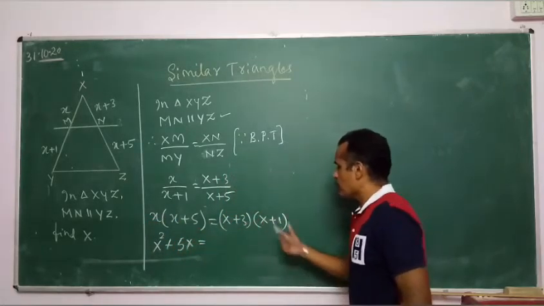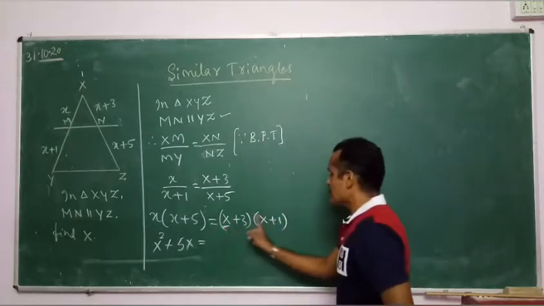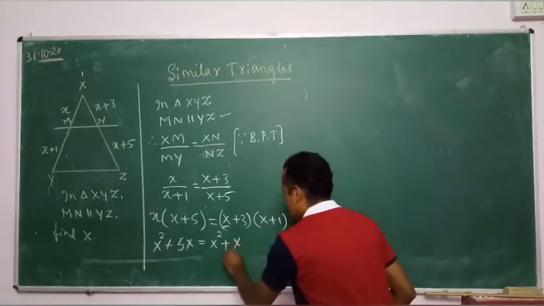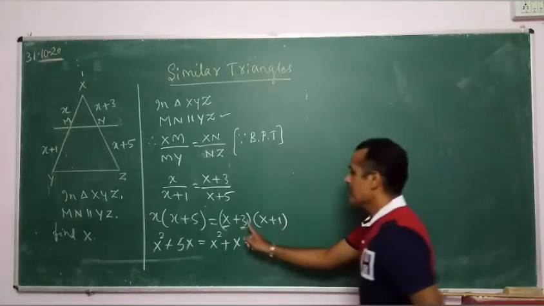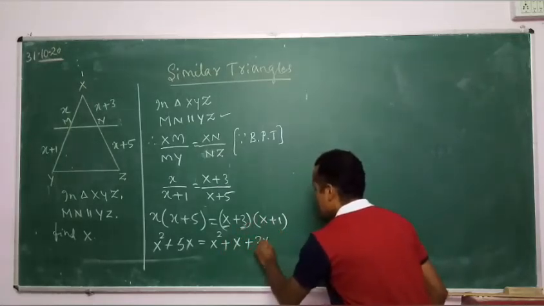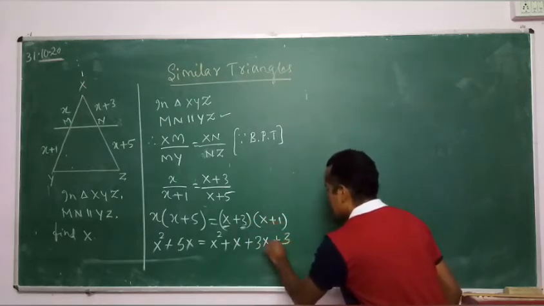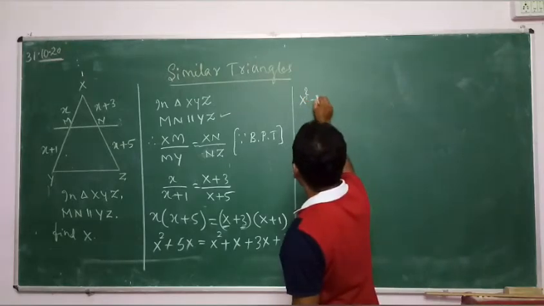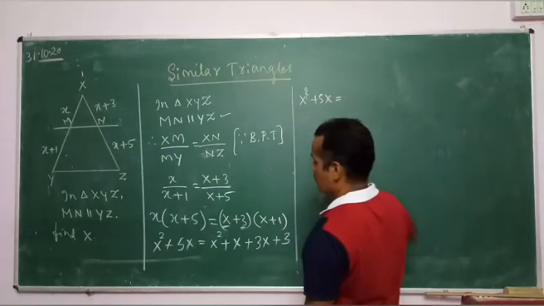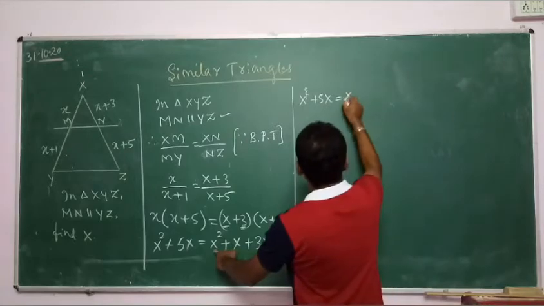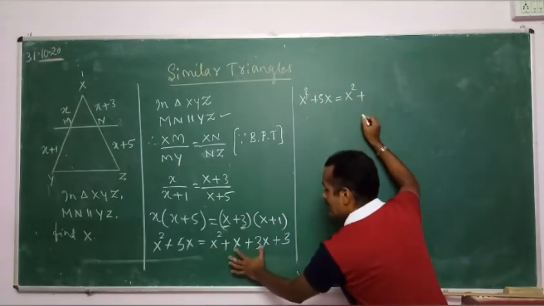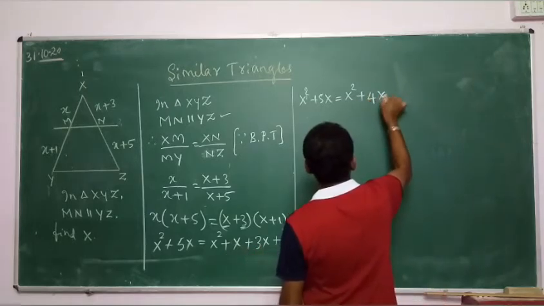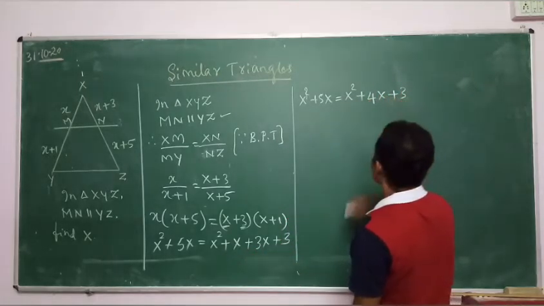This is binomial into binomial. यहाँ से start करोगे. x into x square, x into 1, x. 3 से start करोगे. 3 into x, 3x. 3 into 1 is 3. यदि हम सिंप्लीफाई करेंगे, x square plus 5x is equal to, देखो, x square plus x plus 3x, 1x plus 3x gives you 4x plus 3.